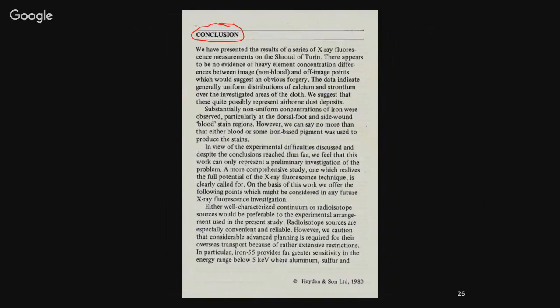The data indicate generally uniform distributions of calcium and strontium over the investigated areas of the cloth. We suggest these quite possibly represent airborne dust deposits, because for many years, the shroud was displayed publicly.